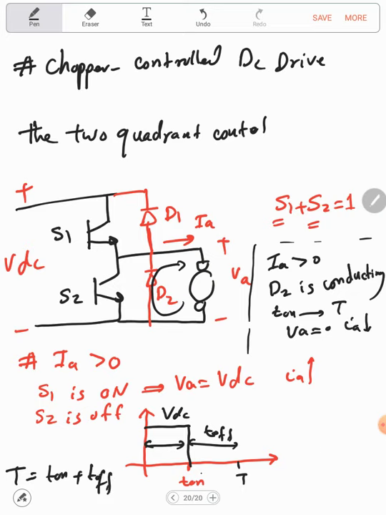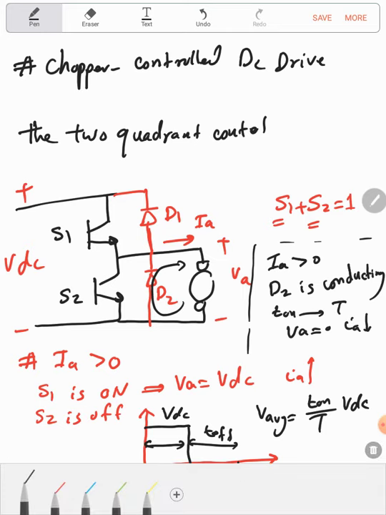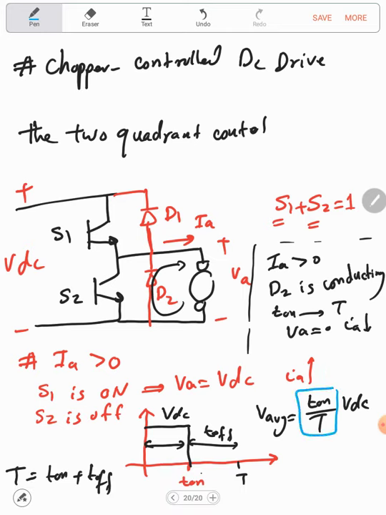Now if I need to find the average value, VA average will equal T on over T multiplied by VDC, and this is what we call the duty cycle of the converter. So this is D, the duty cycle, which equals T on over T. This converter is now formed from S1 and D2.